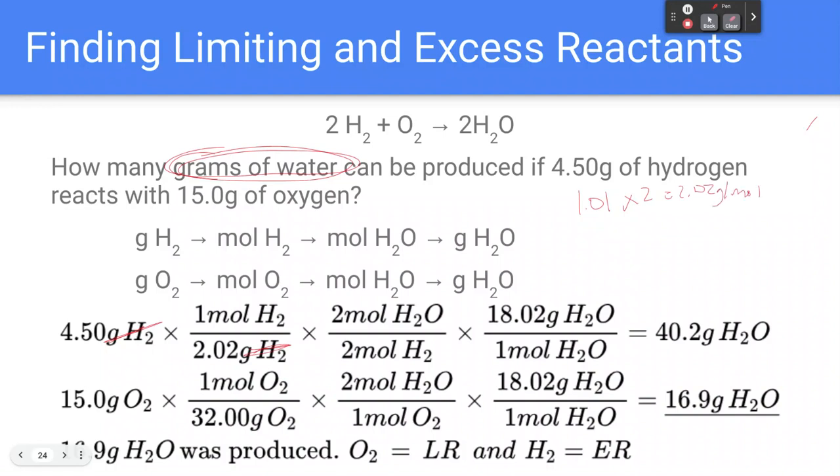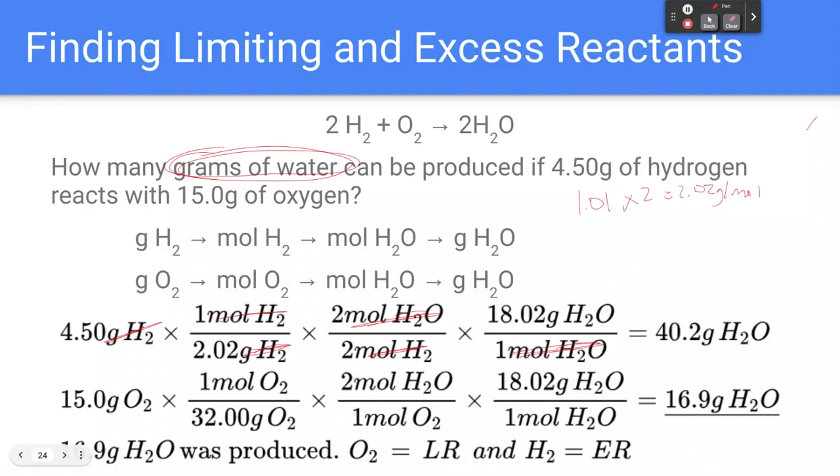I get out of moles of hydrogen and into moles of water by using our molar ratio, our mole bridge. So we have a 2 in front of each of those. Then we get out of moles of water and into grams of water. And you might be asking again, how did I get 18.02?